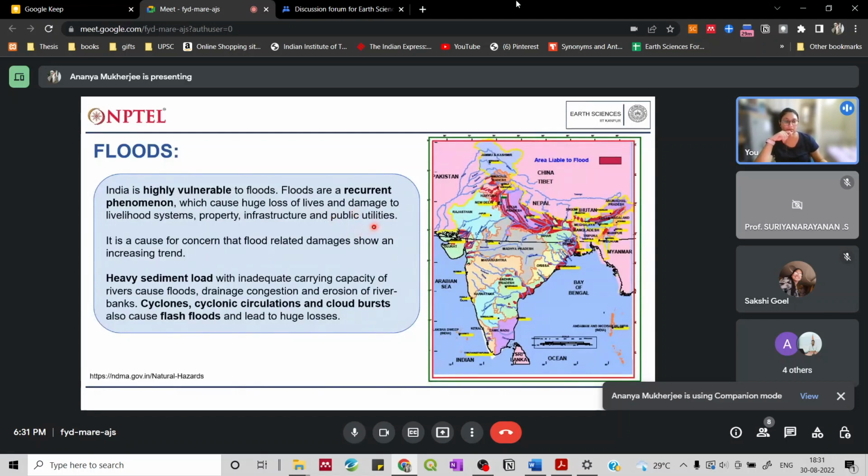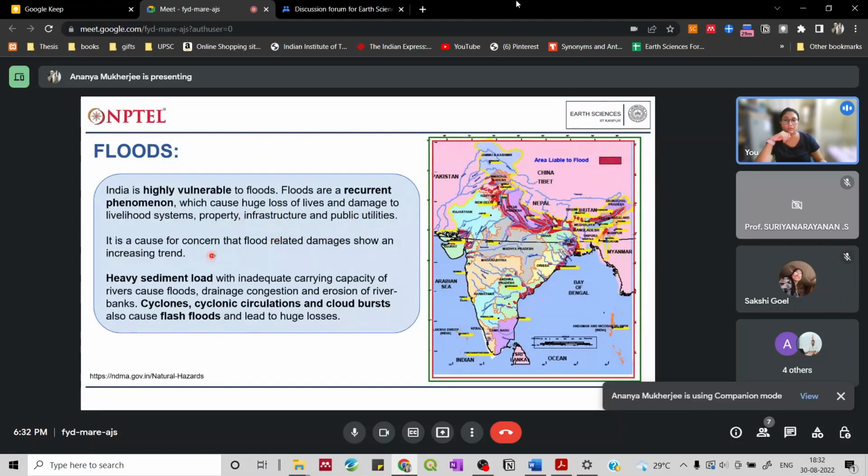It is a very natural process that happens, but because of the population increase, the increase in infrastructure and poor urban planning, the effects of such recurrent floods are getting worse and worse every year.